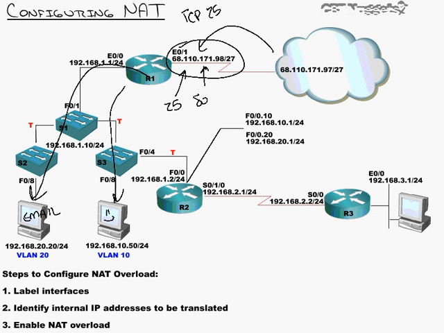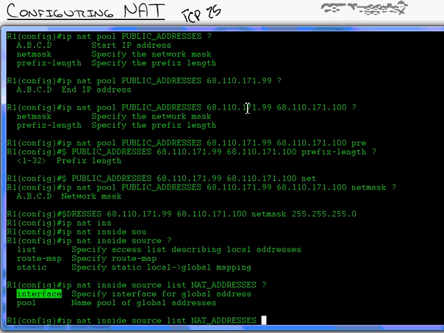Meaning as you get hundreds and thousands of hosts on the inside of your network surfing the internet, this will run out of ports that it can use on that public IP address, and it'll start killing NAT sessions, and people will kind of lose their connection to the internet from time to time. So what we can do is give a pool of 2 public addresses that we created. So I can say, go ahead and use that pool. When one of them is full, meaning there's enough people using that, switch over to the next one.